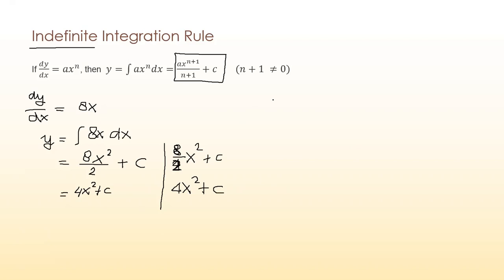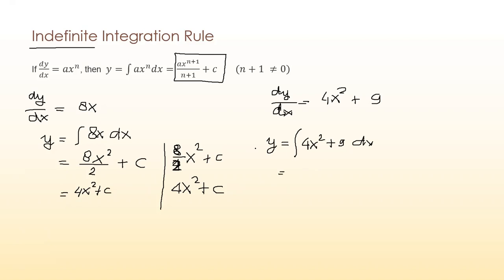Next, another example. If the first derivative of a function dy/dx equals 4x squared plus 9, you may find the function y equals the integration of 4x squared plus 9 dx.